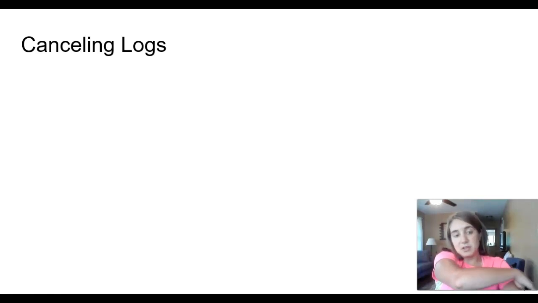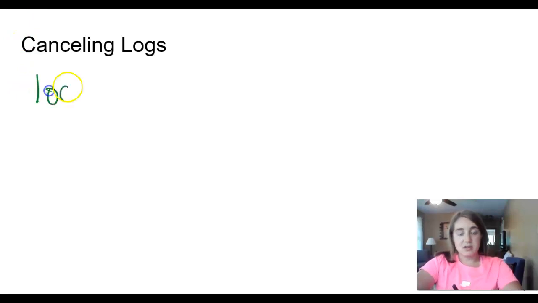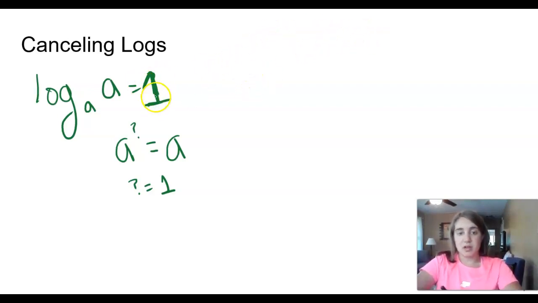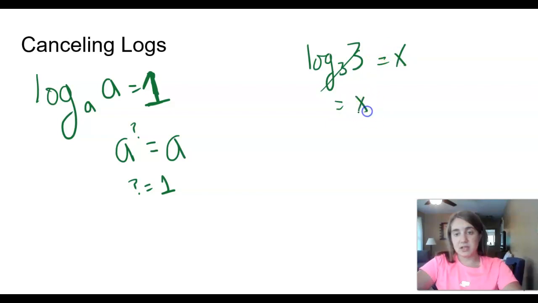The last aspect we're going to talk about before we move forward is the idea of canceling logs. So if I have log base a of a, let's think about what that could equal. We're saying a to what power equals a. Our question mark is going to equal 1. So a to the 1st power equals a. So if I showed you something like log base 3 of 3, that equals x equals 1.